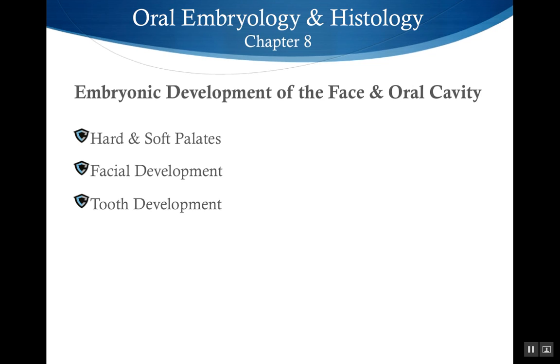You've got 20 primary teeth, and then 24 of the permanent teeth are in development at that point. So enamel formation during this time begins to form and occurs on all primary teeth, and it's beginning to occur on the permanent first molars.